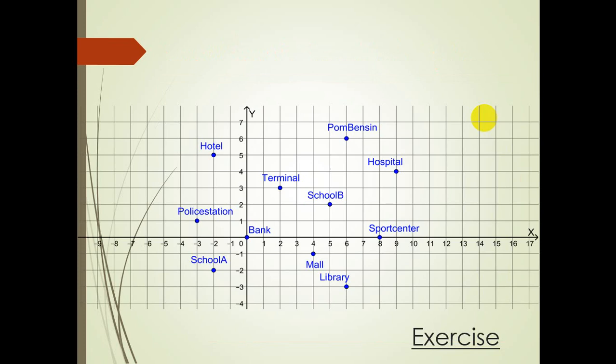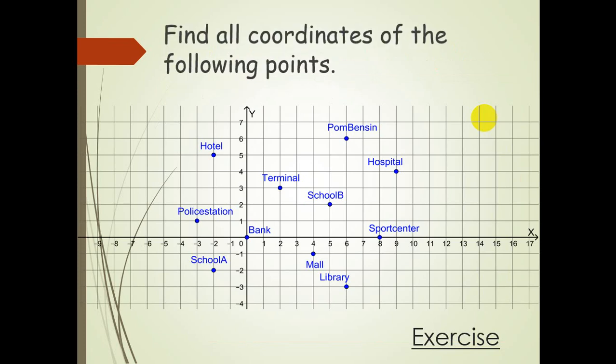Okay, now let's go to the exercise. What if I want you to find all the coordinates of the following points? There is the sports center, school B, hospital, gas station, terminal, hotel, police station, bank, school A, mall, and library. Can you find the coordinate of each point? Let's see.